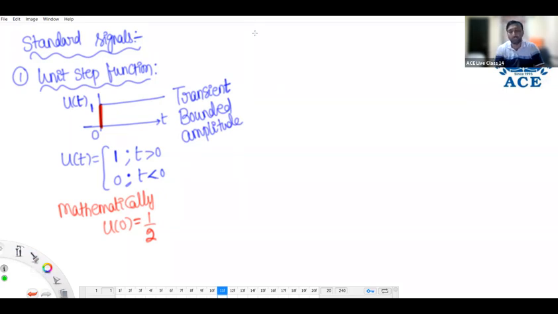When we are checking the concept of stability, blindly we can apply u of t as input. These two are the advantages of taking that as a standard signal. First signal, unit step function.